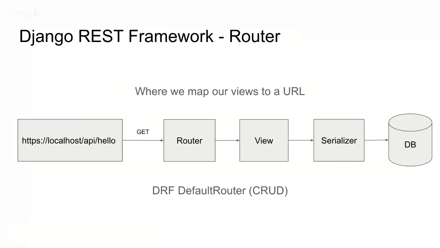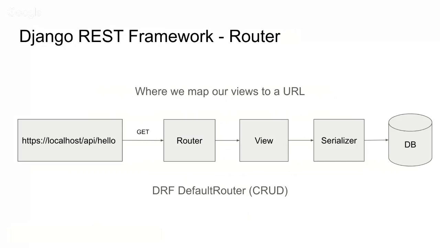Once we have our model, our serializer, and our view, we need a way to map this to an endpoint or a URL, so our clients have access to the data. That's the job of the router in Django REST framework. As you can see in the schema, and as you can guess from the name, the job of the router is to route an endpoint to the correct view.